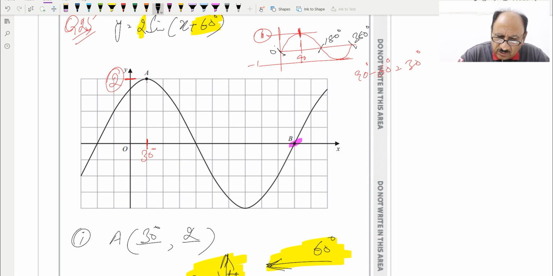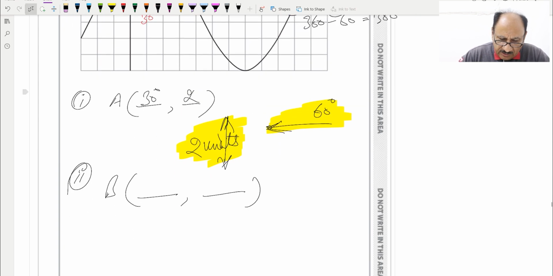So in degrees, this 360 is moving to the left, and 360 minus 60 degree, so this will be equal to 300, and y value is 0, because it is on x-axis, so the coordinates of B will be 300 and 0.